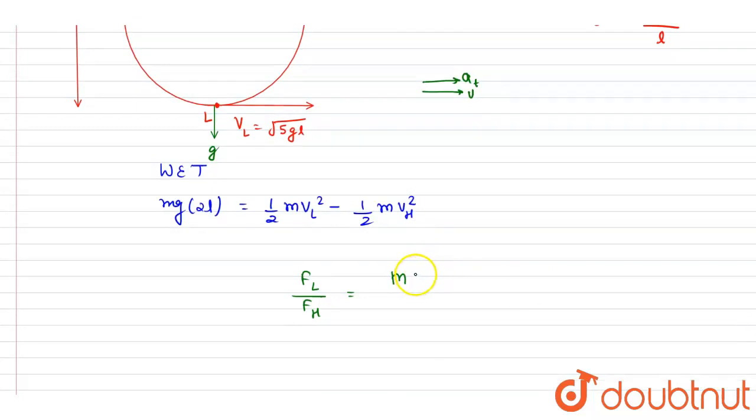So I will write down here m v square by L. Put the value 5gL, this m by L will get cancelled out. So it will be equal to 5, and this will be the answer.